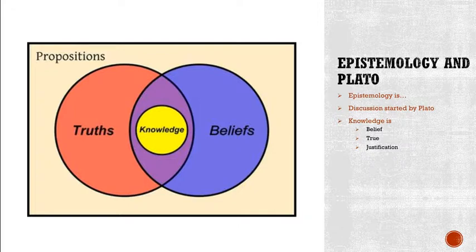That's where knowledge is going to lie. But there may be true beliefs that don't necessarily count as knowledge unless we have that justification. So that middle circle is where we're going to find knowledge, because those are the justified true beliefs, and that's what counts as knowledge.